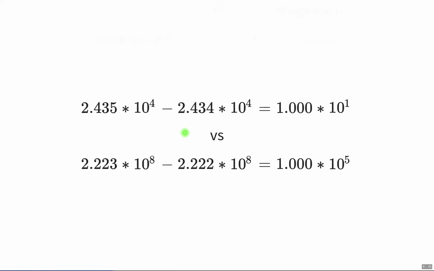Both of these numbers have the same relative difference to each other, even though here the difference is 1, and here it's 10,000, 100,000, right? Maybe 10,000, I don't know. It's hard. No, this is 100,000, right? So these are the two closest numbers that are representable at that power, and the relative difference is the same.